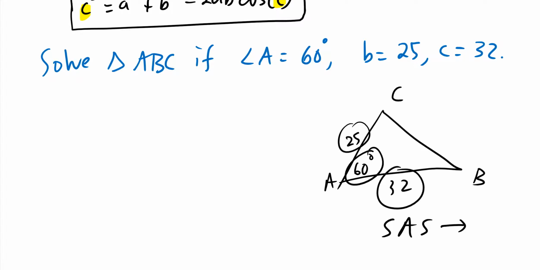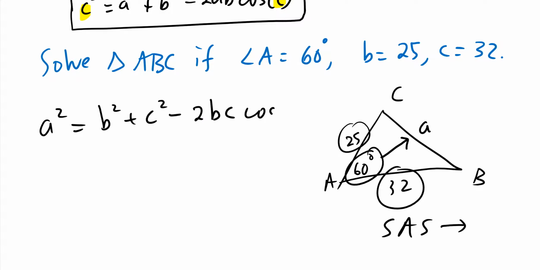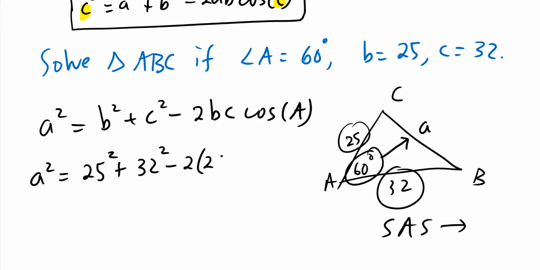So, law of cosines. To use the law of cosines, we first start with the side facing the given angle, which is a. How do I find a? a squared is b squared plus c squared minus 2bc cosine A. So a squared equals 25 squared plus 32 squared minus 2 times 25 times 32 cosine 60.